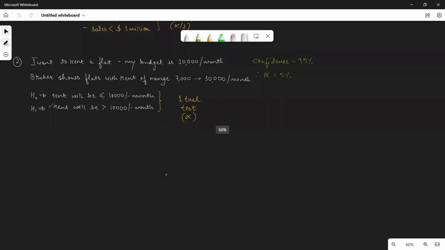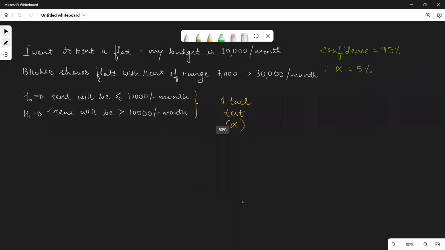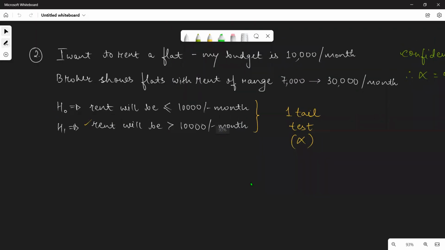Okay, so now when I say it is a one-tailed test, let us understand whether it is a left-tailed test or a right-tailed test. Very simple technique. Let's say this is 10,000 per month.